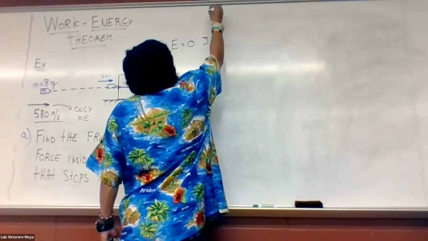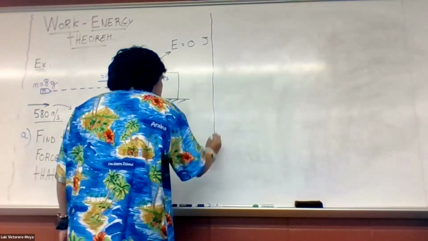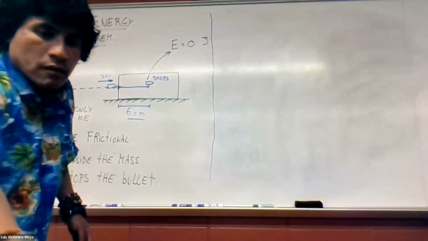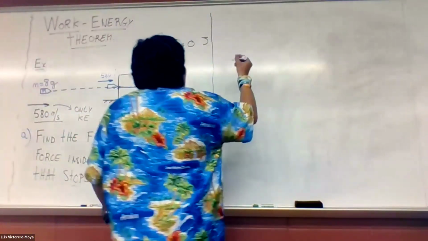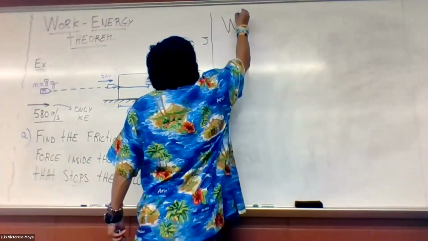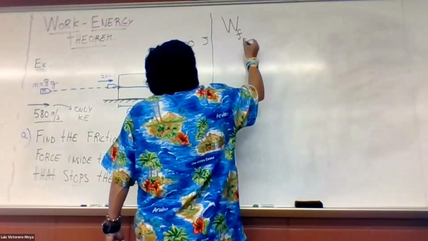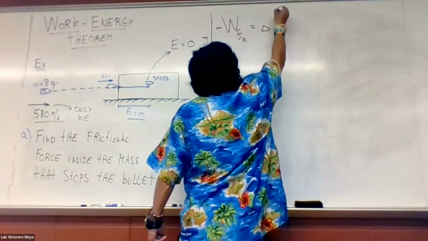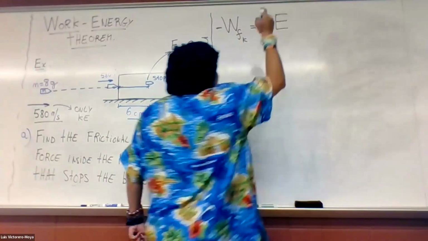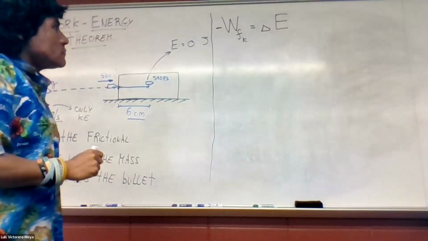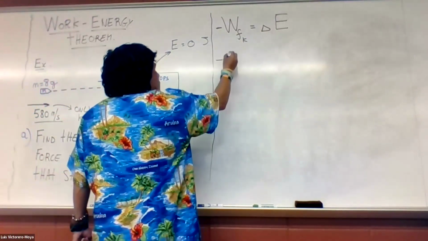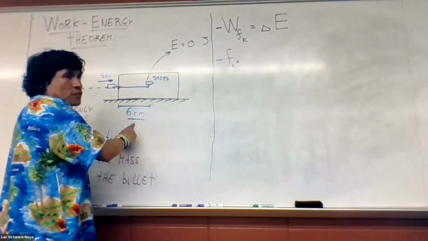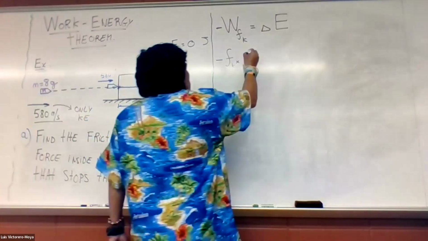So you could write that the work by friction, negative the work done by friction, is the change of mechanical energy, which in that case is just kinetic energy. So negative the frictional force times the distance, 6, but 6 centimeters is 0.06.